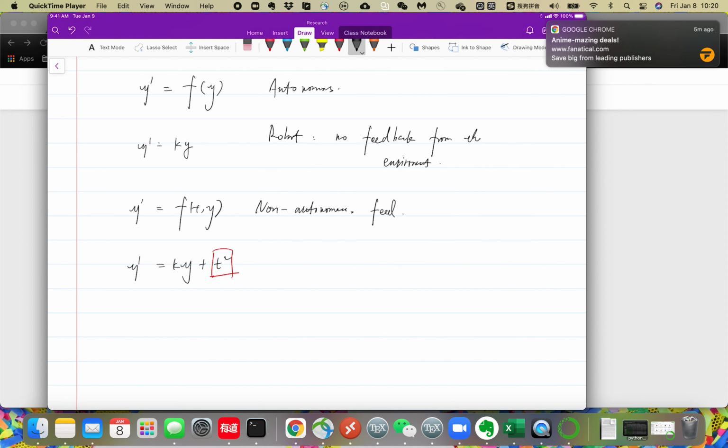So this is actually feedback received from the environment. That's why we call it non-autonomous. That's the difference. And later we will see the autonomous one is of course easier. The non-autonomous one is going to be harder because it depends on the time.